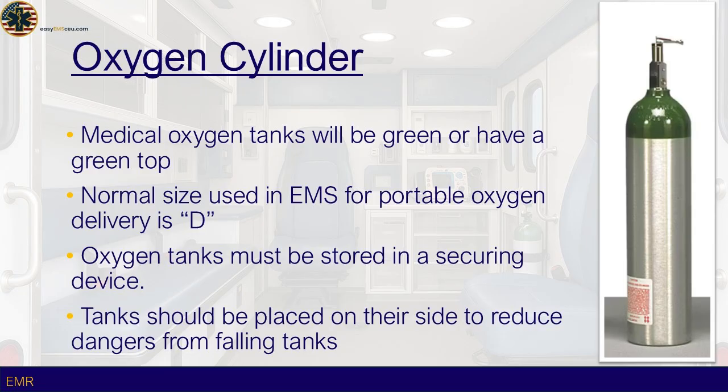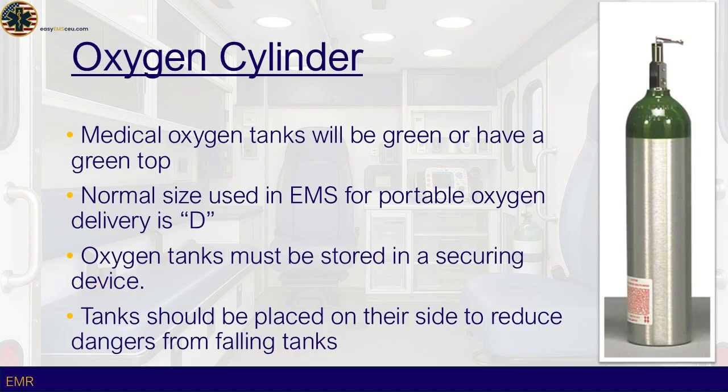Oxygen cylinders are a crucial component of EMS, providing life-saving oxygen therapy for patients experiencing respiratory distress, trauma, or cardiac events. In the U.S., medical oxygen tanks are universally color-coded green for easy identification. The most commonly used size in EMS is the D cylinder, which is compact and portable, making it ideal for use in ambulances and during patient transport.